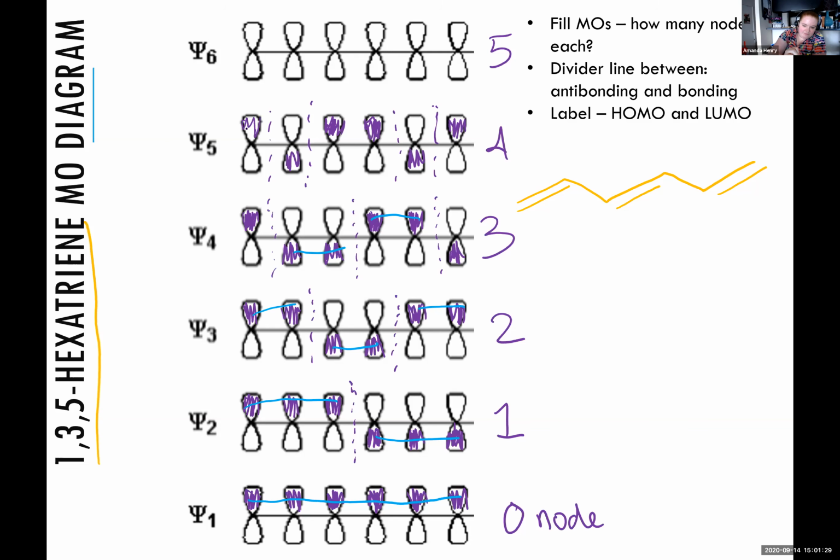The first one, everybody was the same and overlapped all the way across. On the last one, every single time, they're all going to be opposites, and there's a node between each orbital. So the first one and the last one, no matter how many carbons are involved, are always going to look the same.